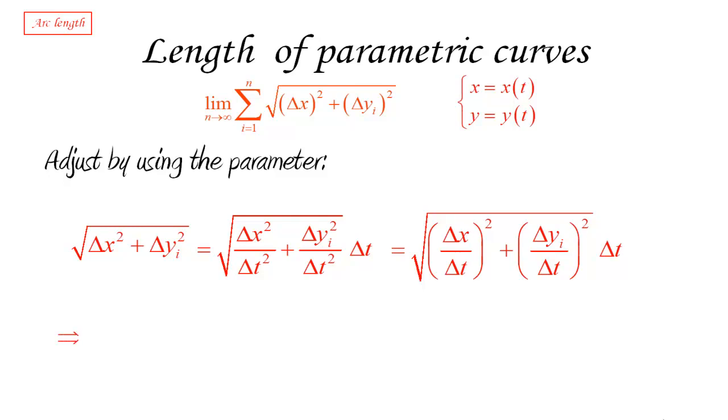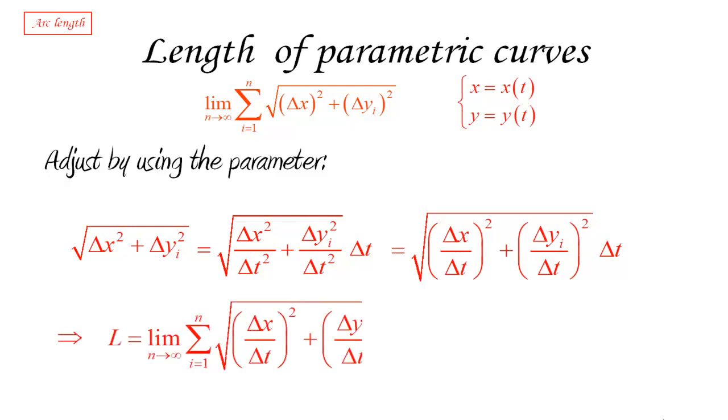So our formula becomes the limit as n goes to infinity of the sum from 1 to n of the square root of delta x over delta t squared plus delta y over delta t squared. And in the limit, this becomes an integral, and the two quantities inside the brackets become the derivatives of x and of y with respect to t.